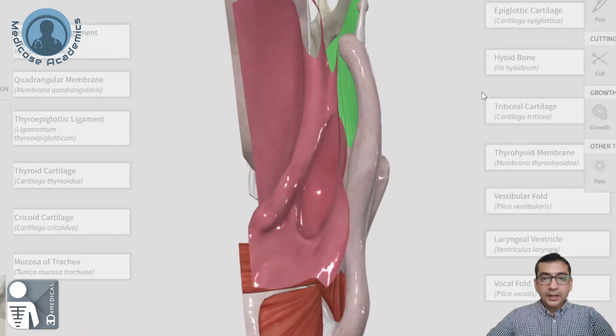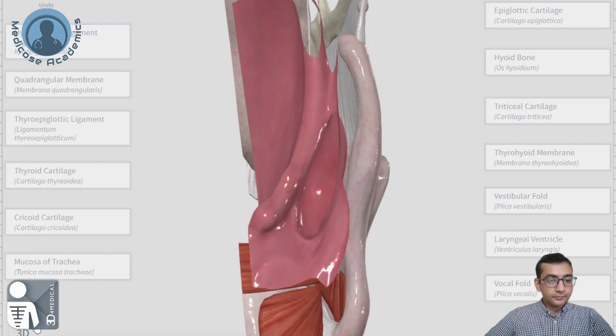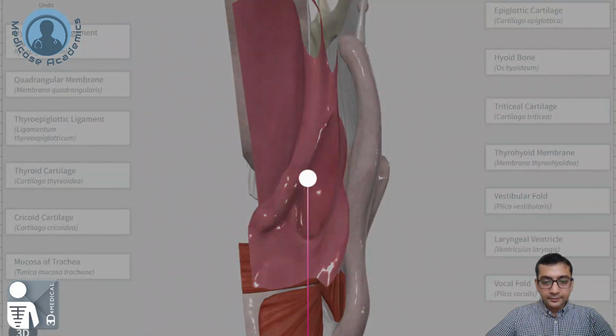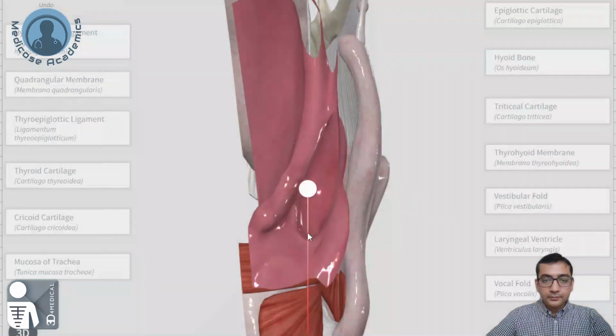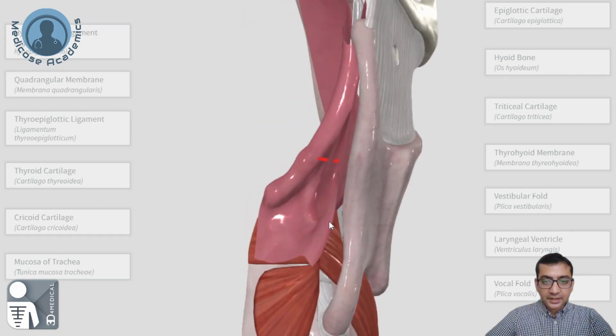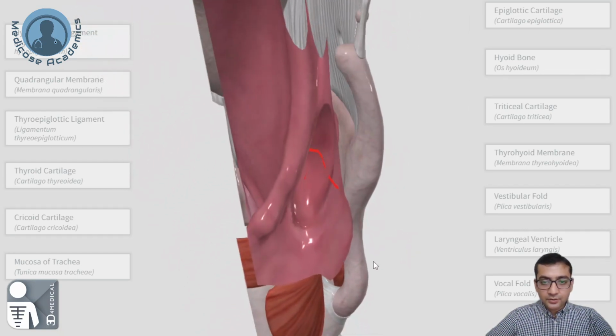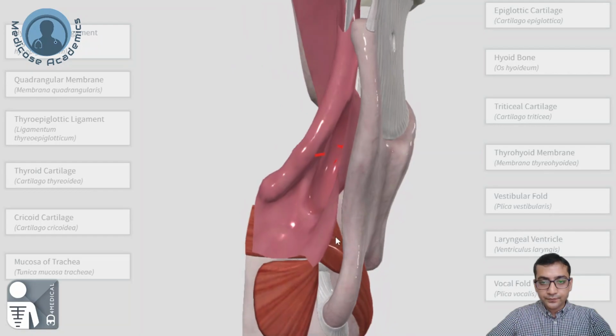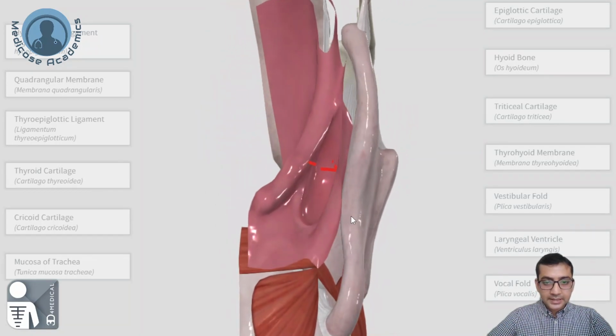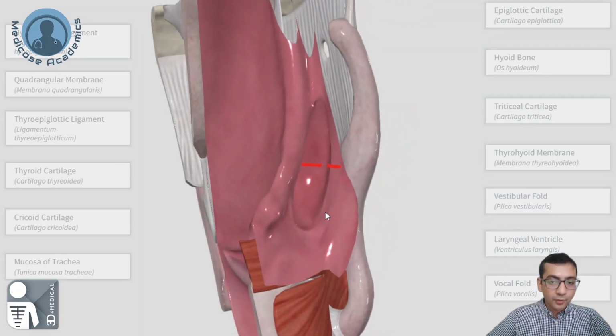If I add a line here, you can see it is very deep. It is a depressed line, going inside like this. It is a depression. This tip is called the piriform fossa.